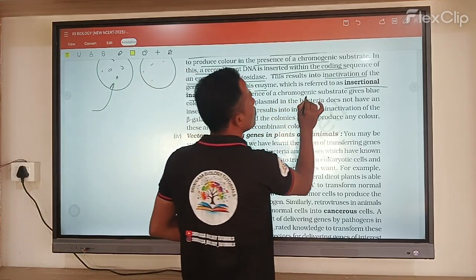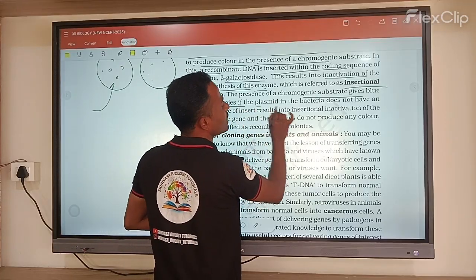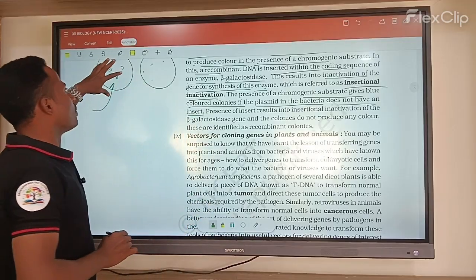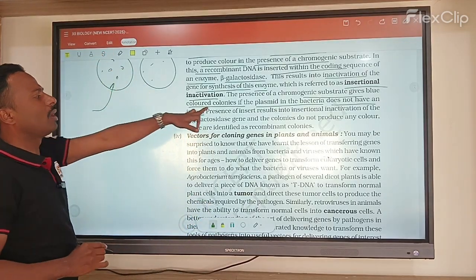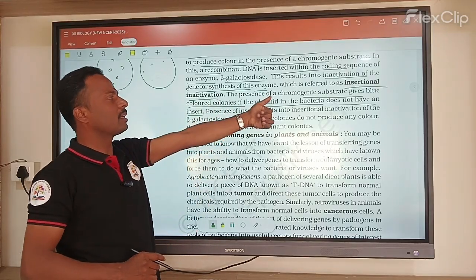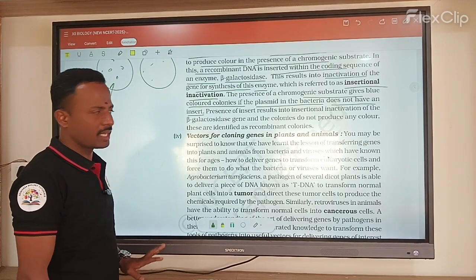In this process, the chromogenic substance gives blue colored colonies if the plasmid bacteria does not have an insert. What type of color do they give? Completely blue, because the chromogenic substance is present.